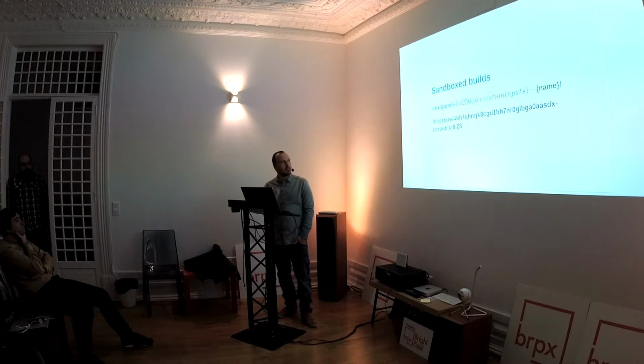So as I've said, this hash is basically a hash of all the inputs that you pass to the derivation, and this is all running in a sandbox. What does that mean? It uses chroot, so it separates the file system, the networking, everything.